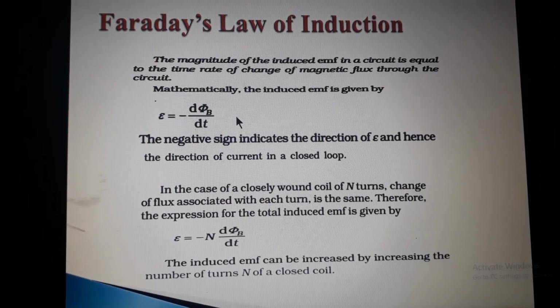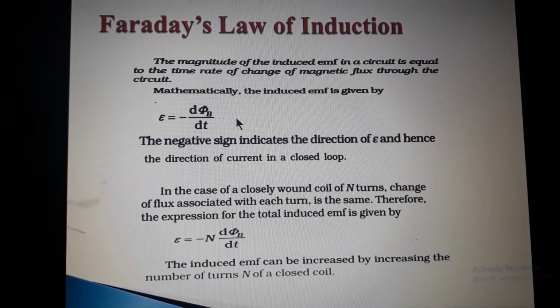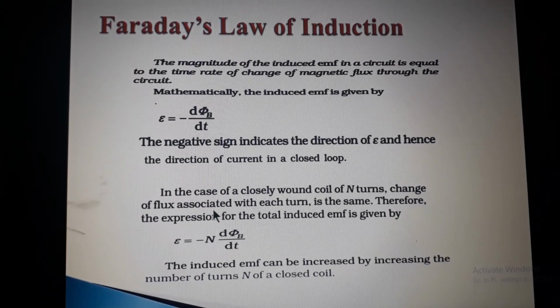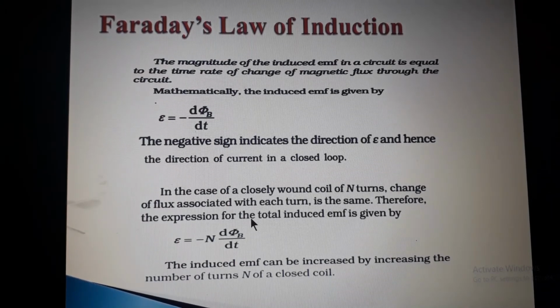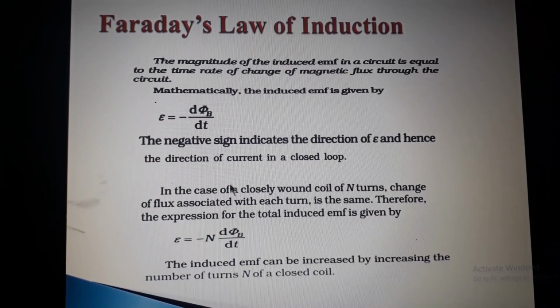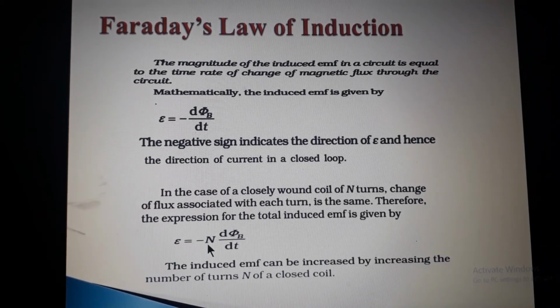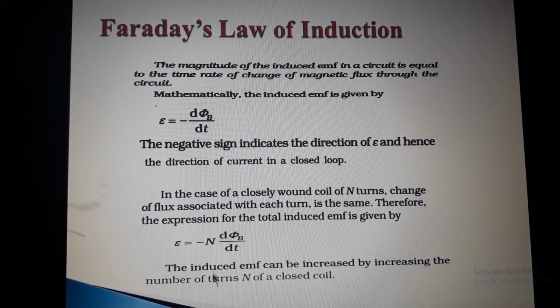But when the number of turns is larger, at that time what happened? In the case of a closely wound coil of n turns, the change of flux associated with each turn is the same. Therefore, the expression for the total induced EMF is given by E is equal to minus n d phi by dt. When the number of turns is higher than 1, this equation is used, where n means the number of turns.